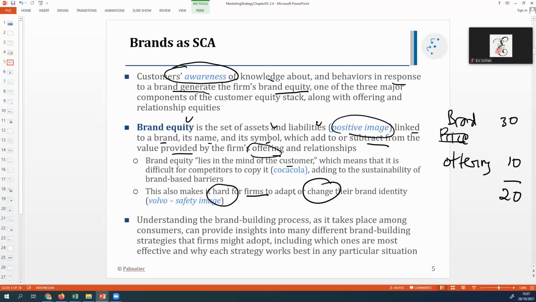So brand equity also has a dark side. When you have a very strong brand in place, it is kind of difficult to change. That also happened with GE, General Electric.